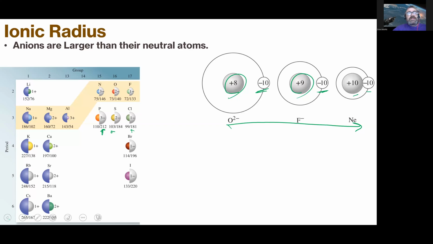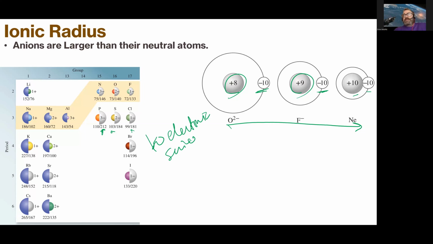One other set we have to worry about is isoelectronic series. This is an example of an isoelectronic series. Remember, isoelectronic means they have the same number of electrons. Sometimes they even go further and say isoelectronic means they have the same electron configuration.